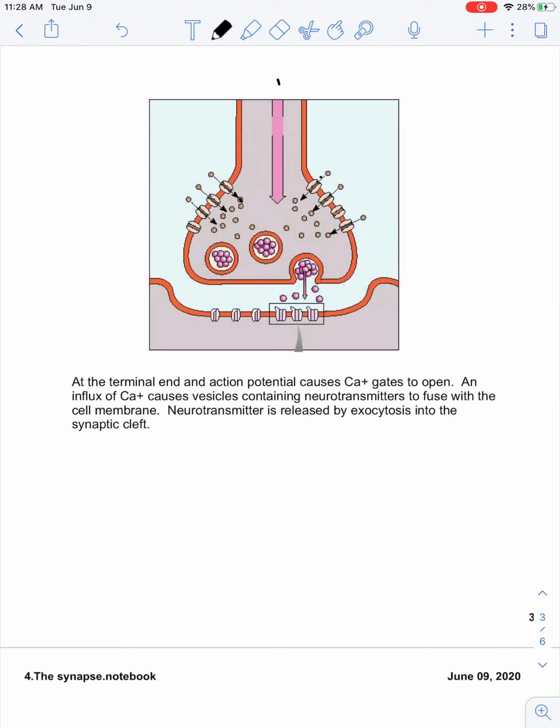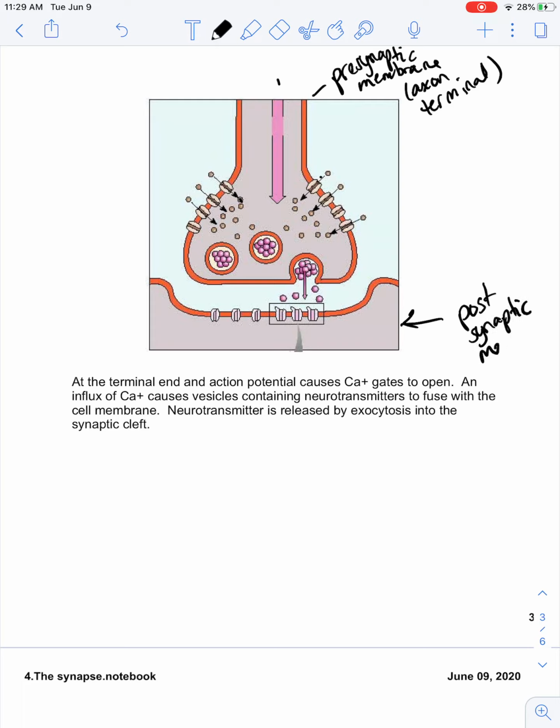So, this diagram is a great little diagram that's showing, here is your presynaptic membrane, which is the axon terminal of one neuron. And here is the postsynaptic. So that is a dendrite.